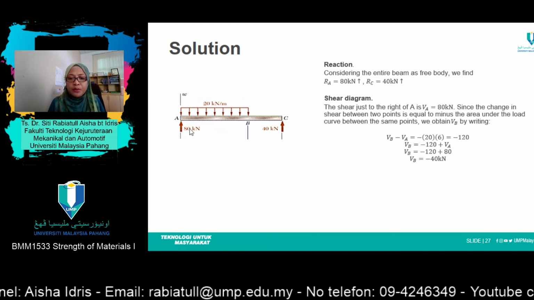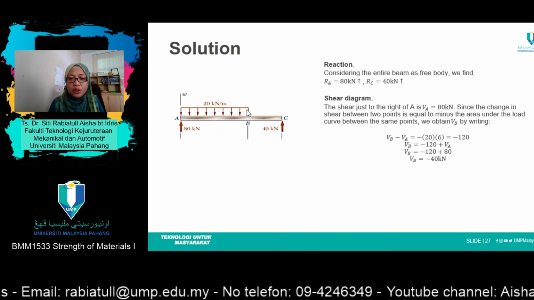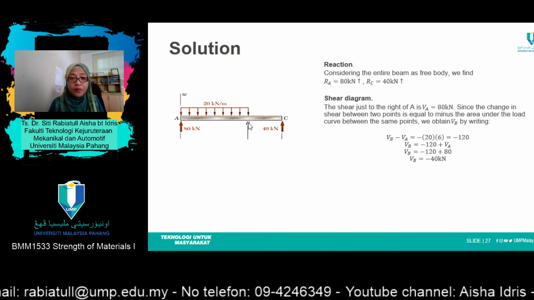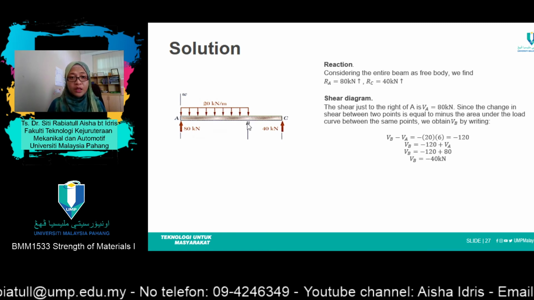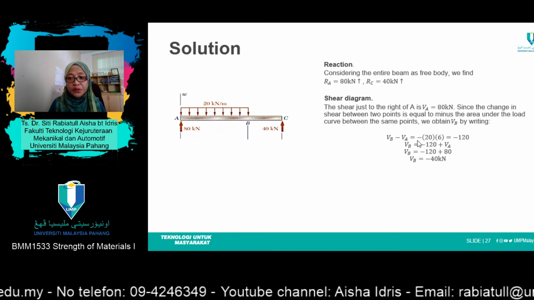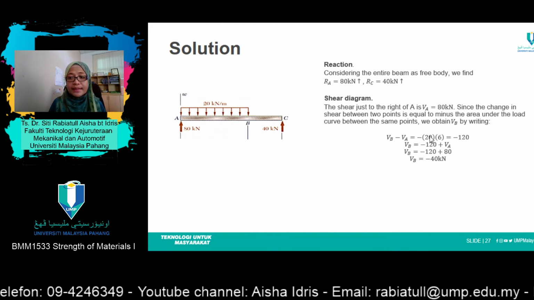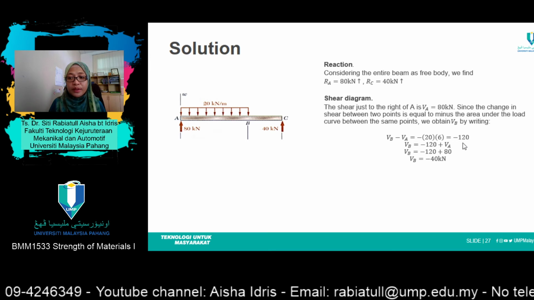From here, we have a uniformly distributed load until point B, and therefore the equation is VB minus VA equals negative 20 times this length, which is 6, equals negative 120.